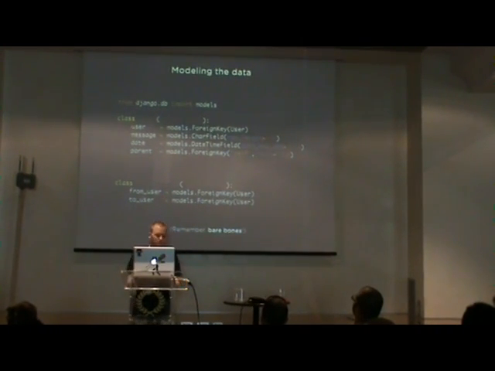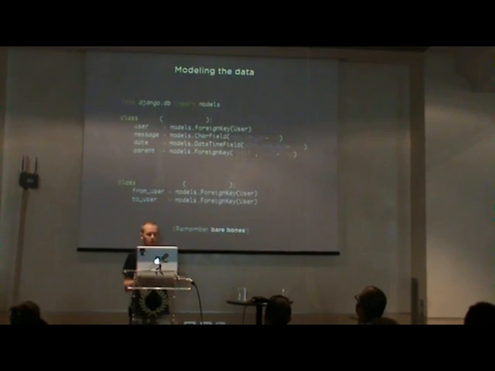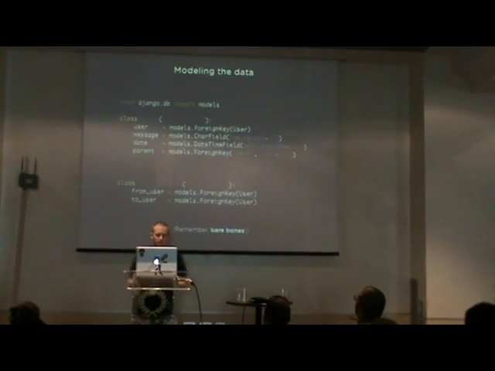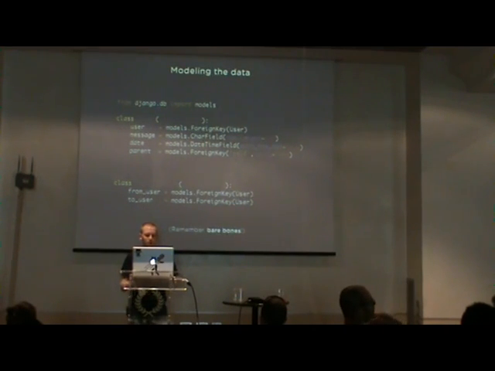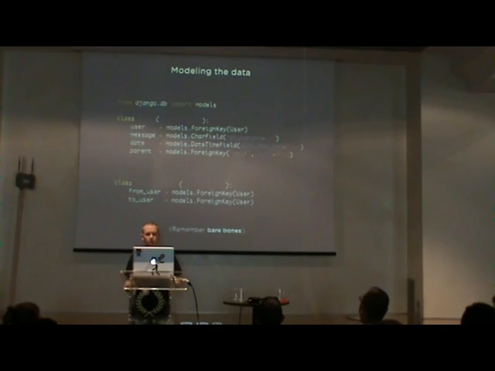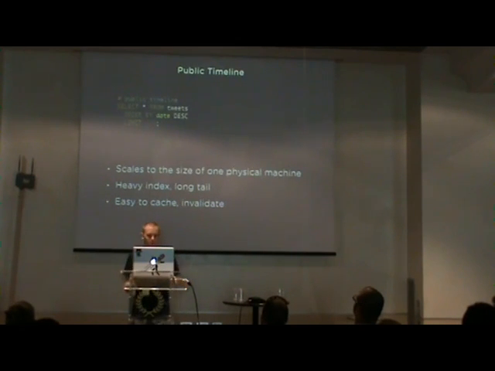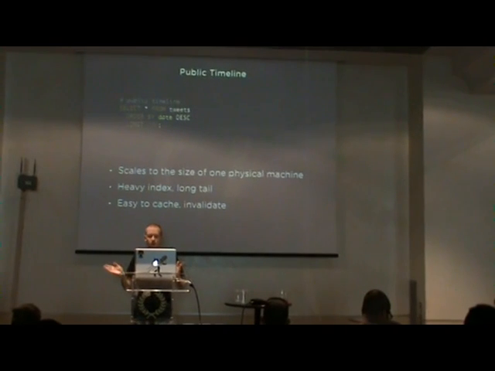Like I said, we have the bare basics here: the user, the message, the date posted, and there's also the concept of parent-child relationships, so if you're replying to something. You also have relationships between users, so if I'm following you, we need to record that somehow. Given that, let's take the public timeline, where you can literally view everyone's tweets everywhere.